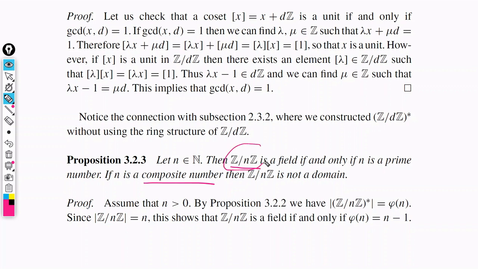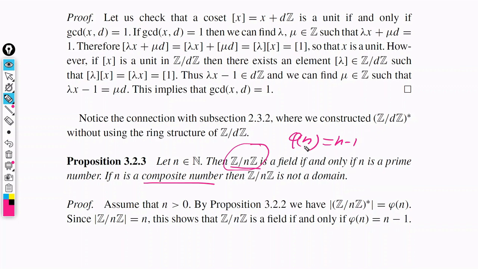And how many units are in Z by NZ? That is phi of n. And every element except 0 is a unit means this phi of n should be n minus 1, because this set contains n elements. And we know that phi of n is equal to n minus 1 if and only if n is a prime.